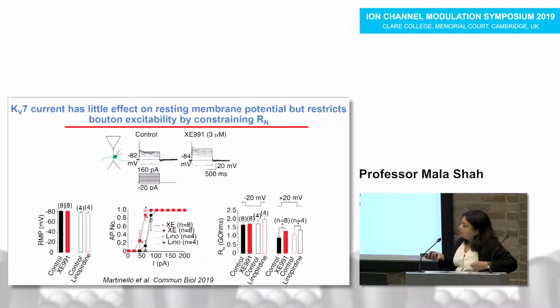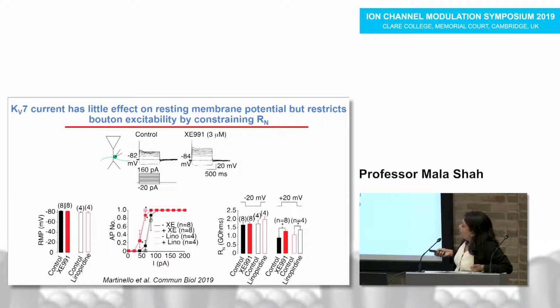So what does the current do in these boutons? We now made whole-cell current clamp recordings from the boutons. They have very negative membrane potentials, like at the soma, around minus 82 millivolts. You can apply a series of hyperpolarizing and depolarizing steps, as you can see here. The boutons have a very high input resistance of gigaohms, which has been characterized, so you don't need a significant amount of current to generate a single action potential.